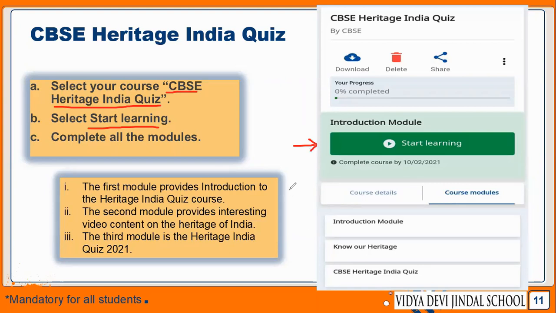We have 3 modules here: Introduction module, Know Our Heritage, and CBSE Heritage India. Introduction module provides introduction to this Heritage India quiz course. Know Our Heritage module provides interesting video content on the heritage of India. And the third module is actually your quiz.